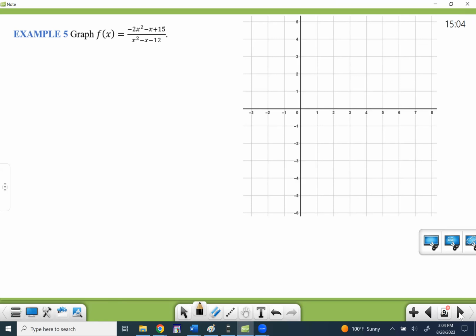Okay, here we go. So domain. For the domain, you do need to factor both the top and the bottom, right? So I'm going to have to factor this, and I'm also going to have to factor this. All right. The first thing I want to do to this one is take out a negative.